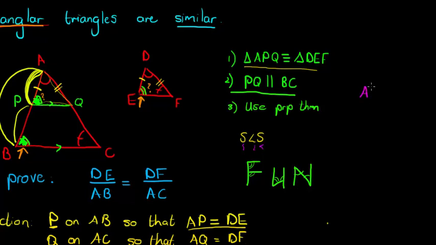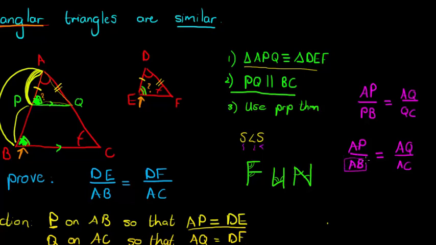So if AP divided by PB is equal to AQ divided by QC, the question is, is it also true that the whole AP divided by AB, so I'm now taking the short one plus the long one over the long one, is that also equal to AQ over AC? Okay, now let me show you.